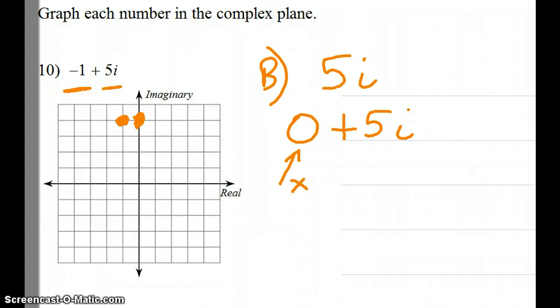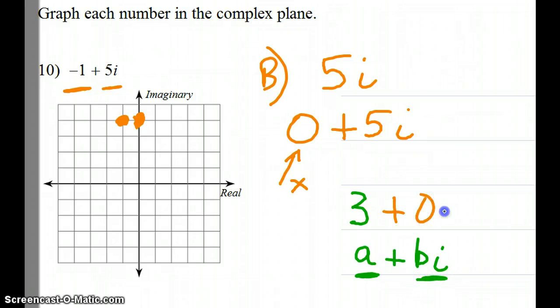And the same thing is true if we have a real number, let's say 3, and that is also a complex number. Complex number, remember, has a real piece and an imaginary piece. So if it doesn't have an imaginary piece, think of that as being a 0i.